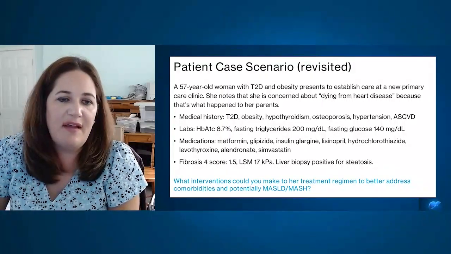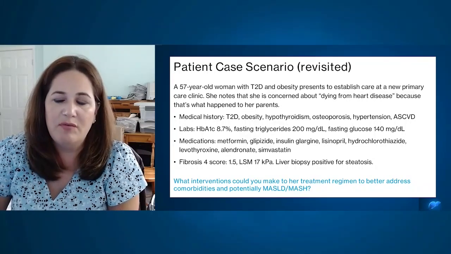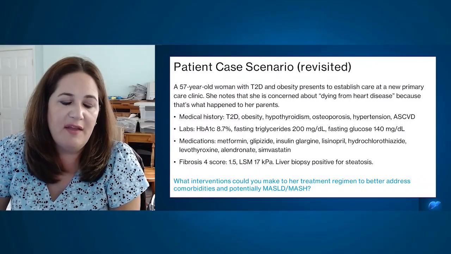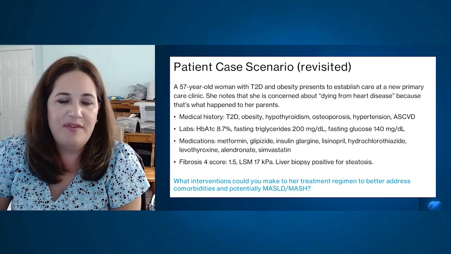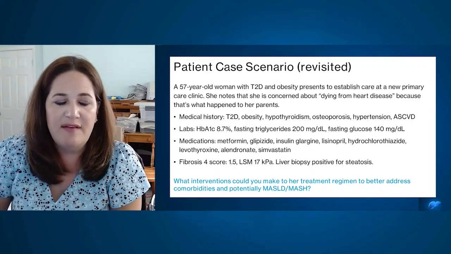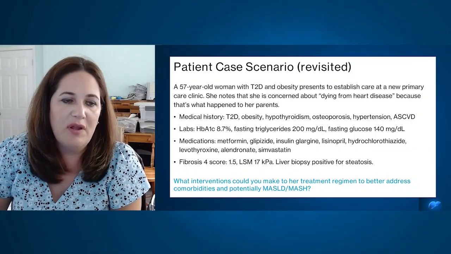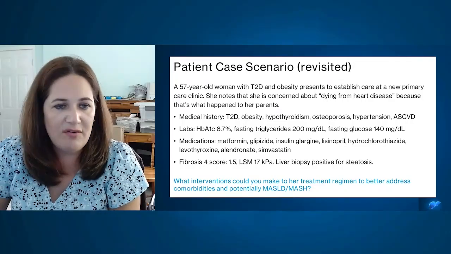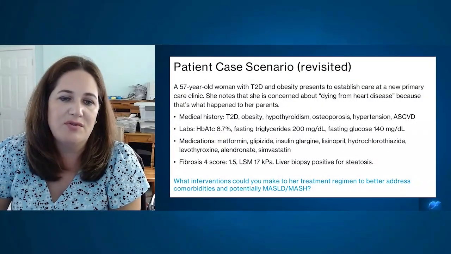We know that she has several things that are probably contributing to more severe disease. Her hemoglobin A1C is greater than 6.5, so that's elevated and telling me that that's out of control. Her triglycerides are greater than 150, so that concerns me that her triglycerides are out of control.